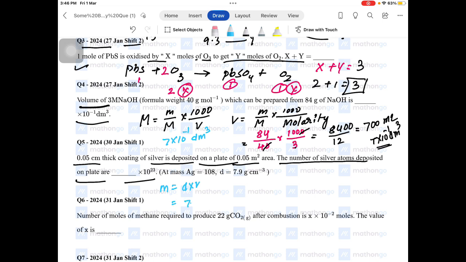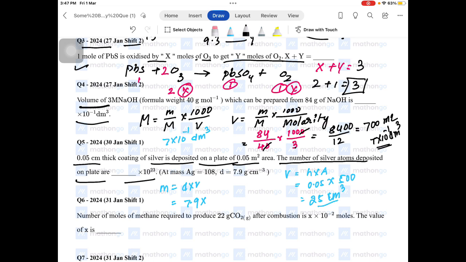So density they have given is 10.5. Volume: to find volume, take height into area of cross section. So height they given 0.05 and area 0.05 meter squared. Convert into centimeter squared, that is 500. So now 25 is the volume, 25 centimeter cube.